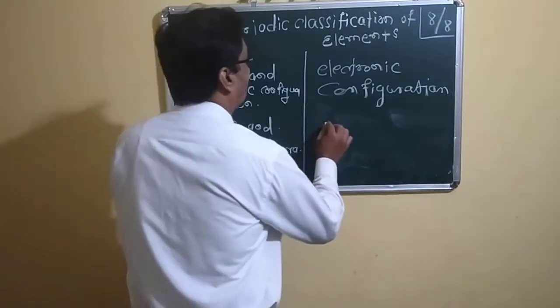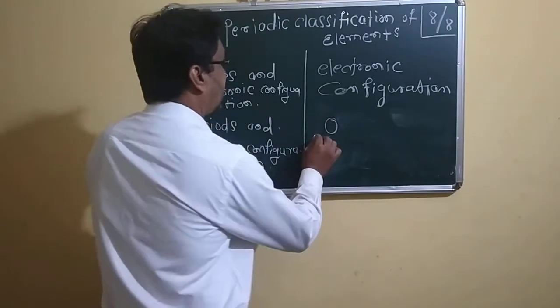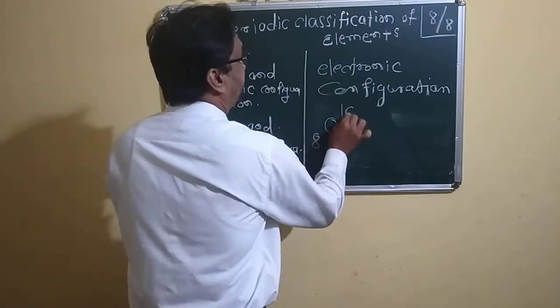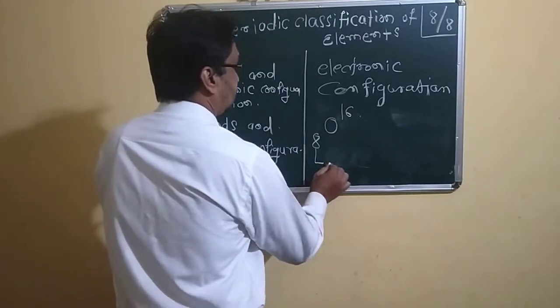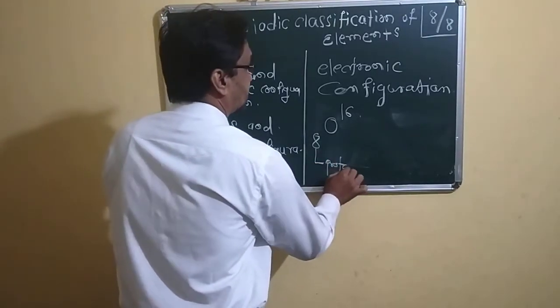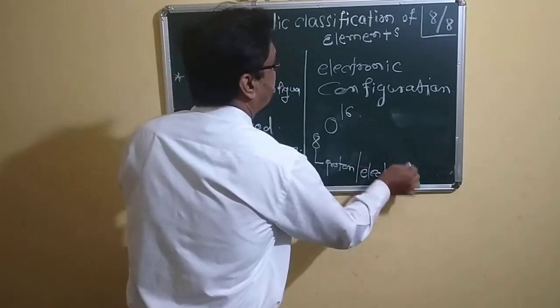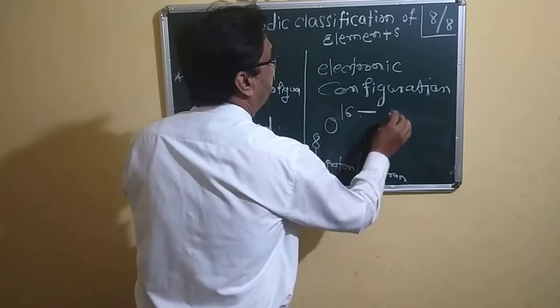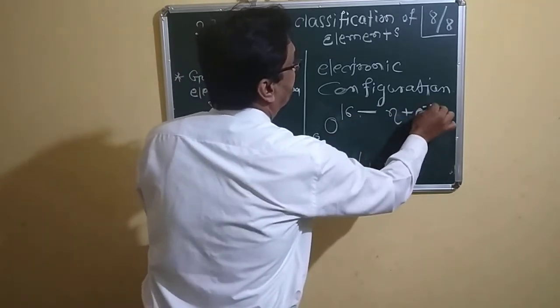We take oxygen. We know that oxygen has the symbol O. Its atomic number is 8, the atomic mass number is 16. So these are the proton number as well as the electron number, and this is the neutron plus proton number.